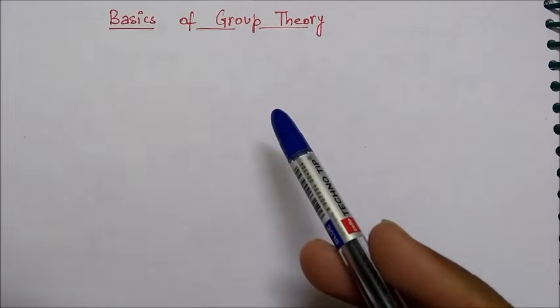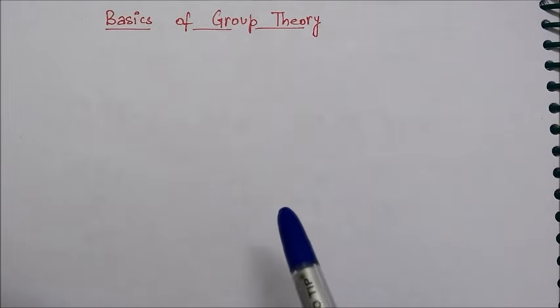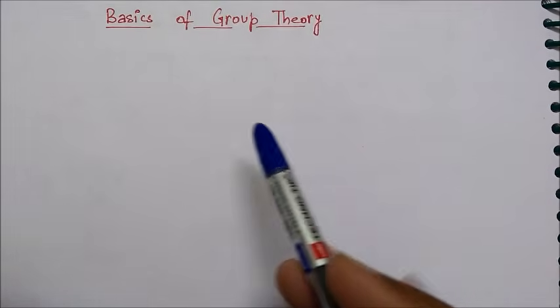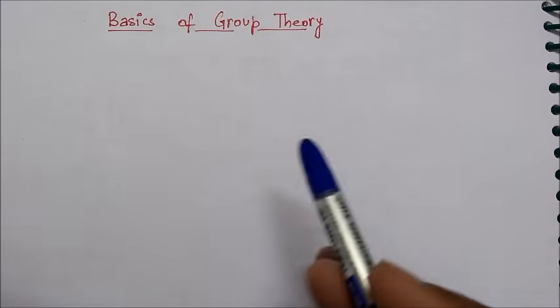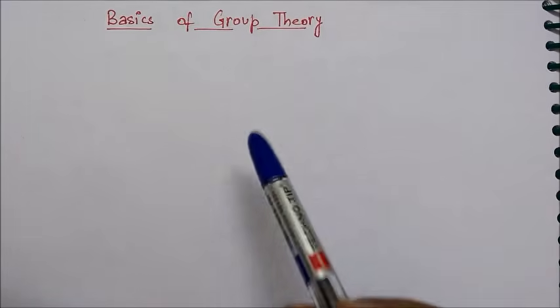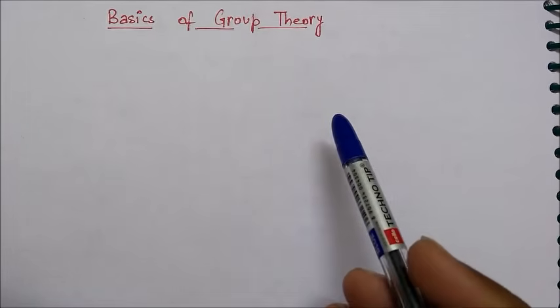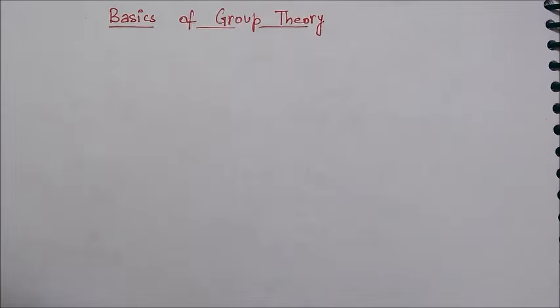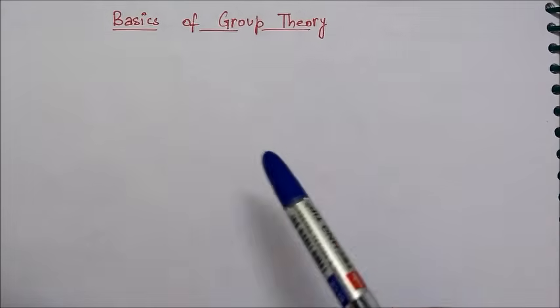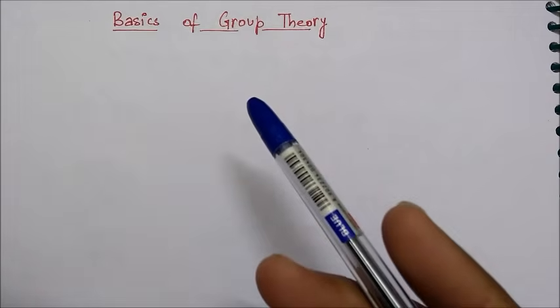Another type of question is on the character table, where they ask different things, like reducible and irreducible characters. So we will start from the very basics so that it becomes easier for you to understand.